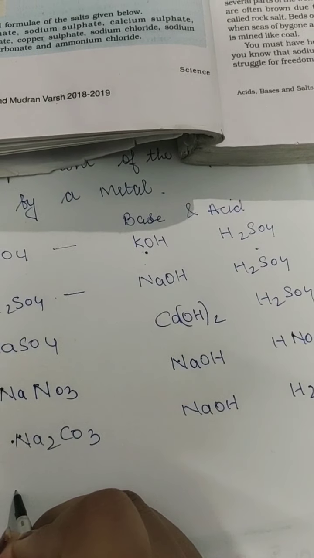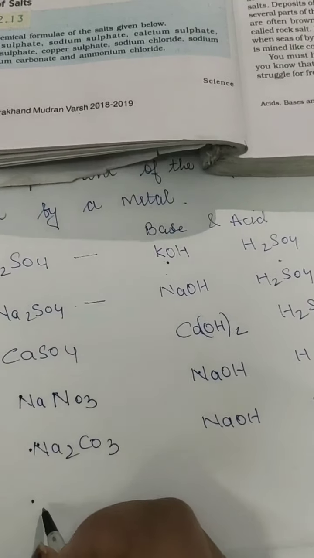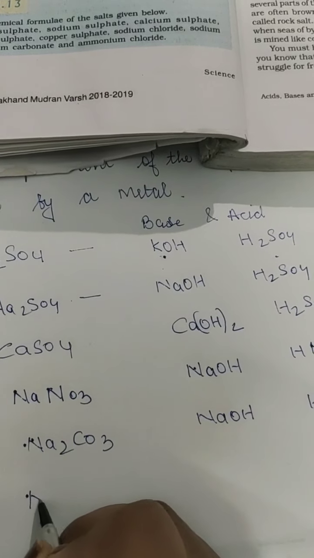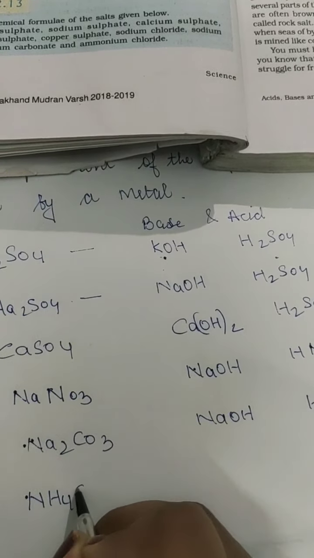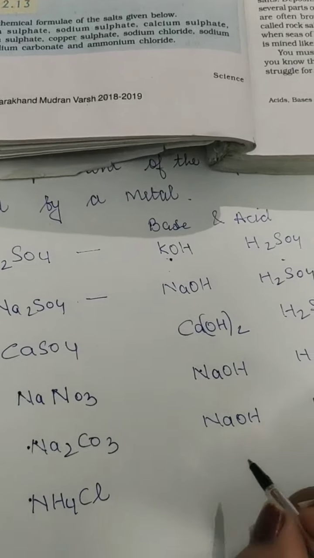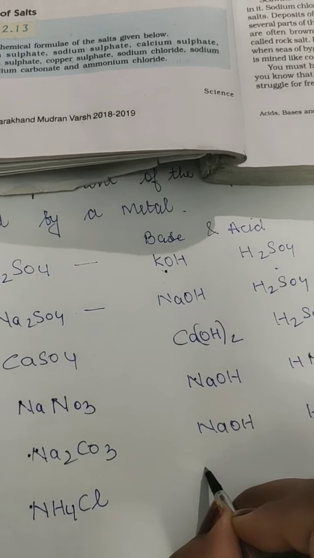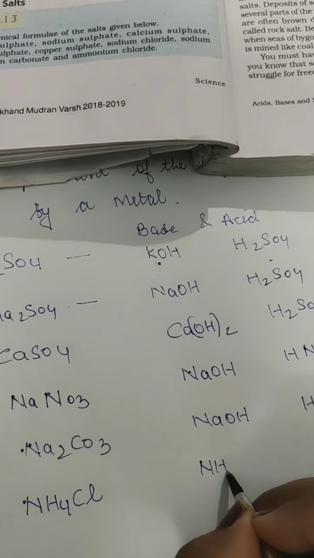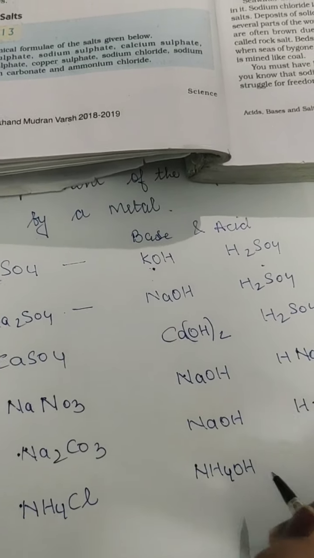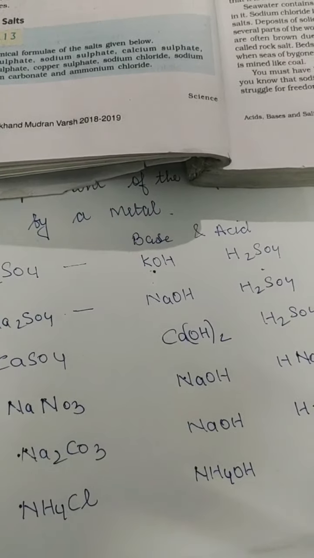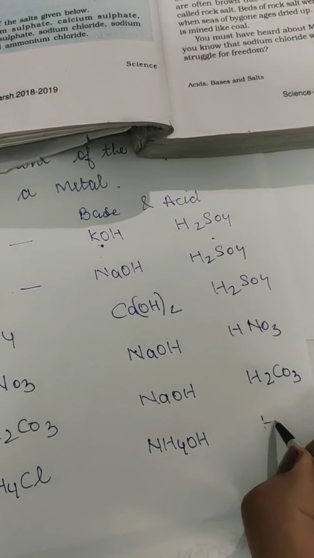Next is ammonium chloride, which is NH4Cl, and here the base is NH4OH, ammonium hydroxide, and the acid is HCl.